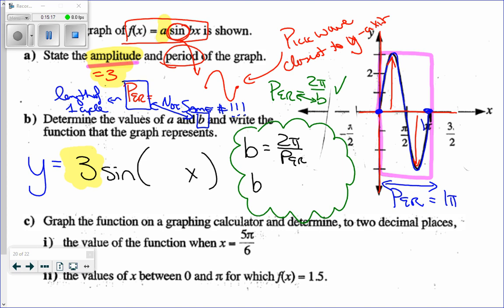So I already said my period is 1 pi. So it's Monday morning after grad. If you don't want to think, on your calculator, go 2 pi divided by 1 pi, and you will get out the number 2.